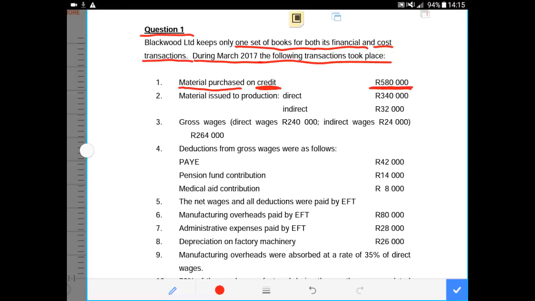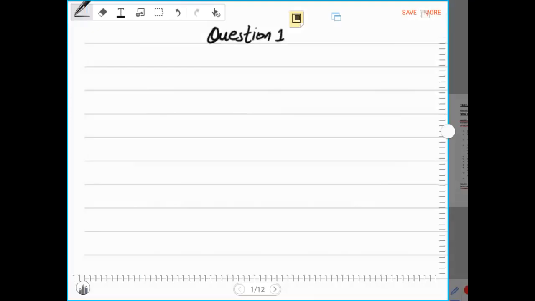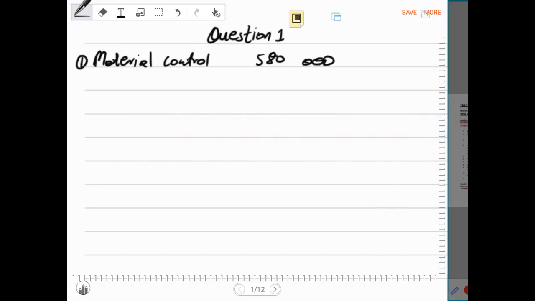When we are doing general entries, whatever you buy always increases on the debit side. In this case we bought material, therefore the material control account will be expected to increase on the debit side. Therefore our inventory of material will be increasing by 580,000 rands.